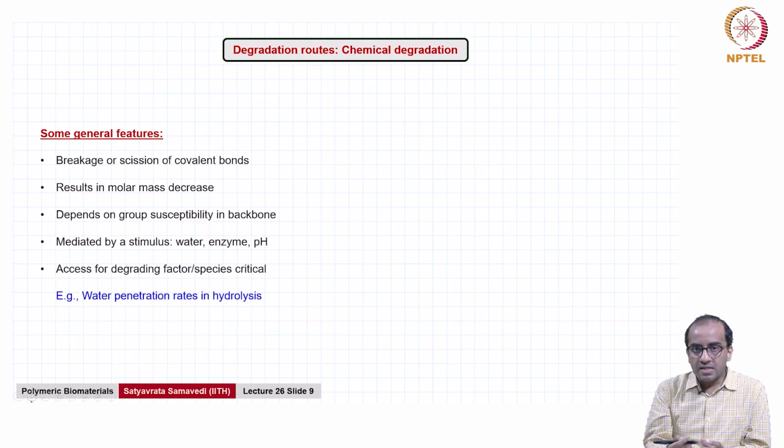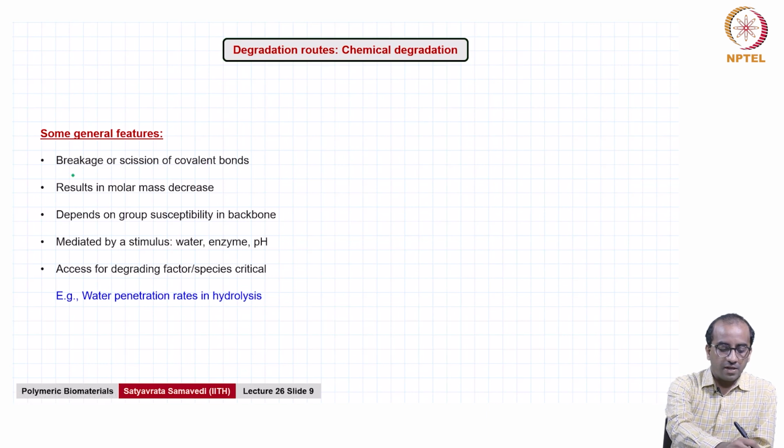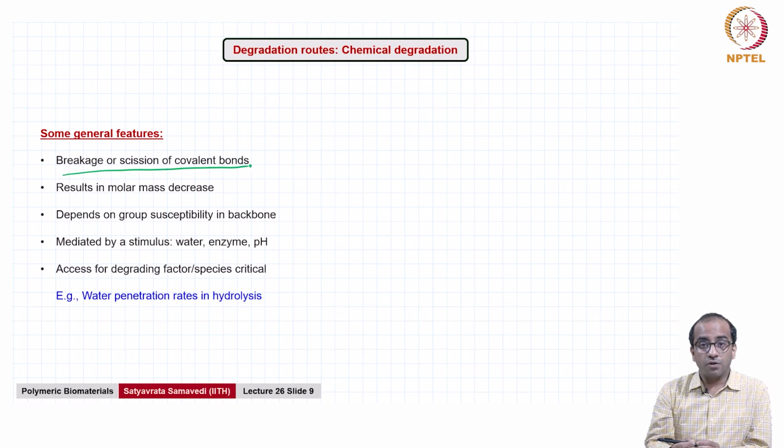And lastly, we are looking at chemical degradation, one form of which is hydrolytic degradation or hydrolysis, where again we have seen that chemical degradation is going to involve breakage or scission of covalent bonds, particularly in the backbone. It can also occur on side chains, but primarily we are looking at the backbone, and that is going to lead to a direct loss in properties, particularly molar mass, right.